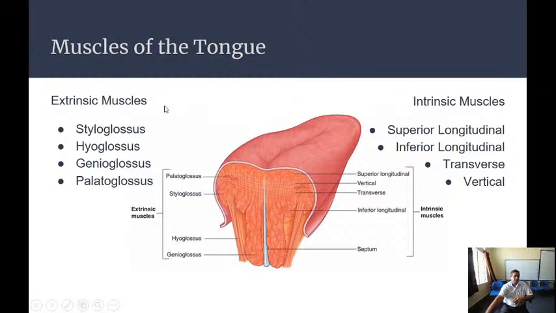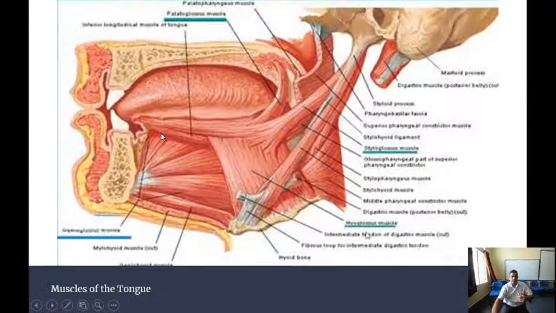The extrinsic muscles are the ones which come from the sides, such as the styloglossus muscle. This is the styloid process, and the one which comes into the tongue is the styloglossus muscle.